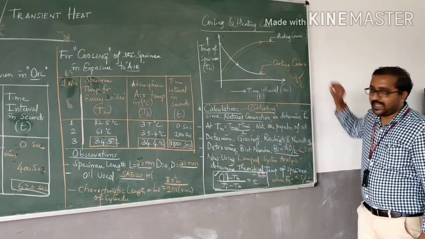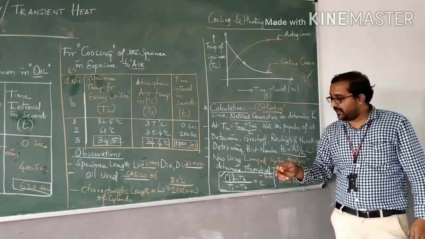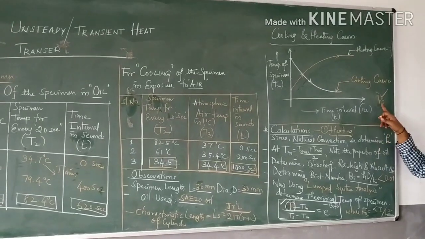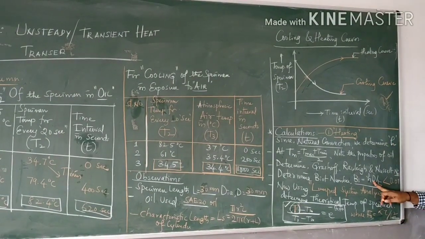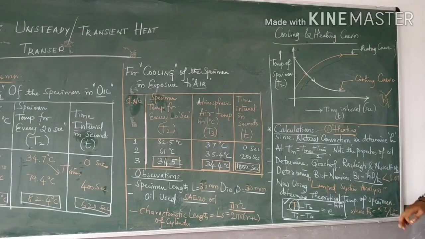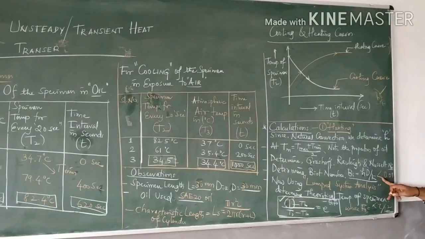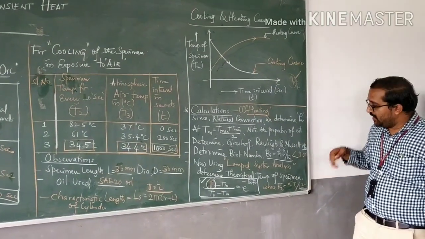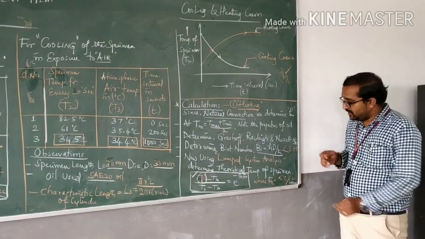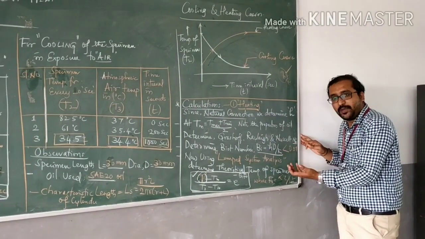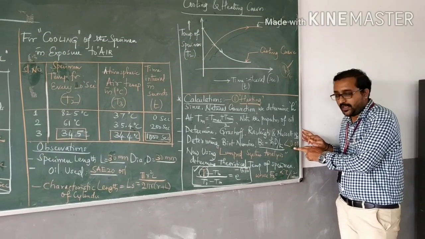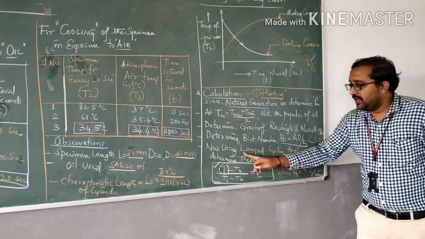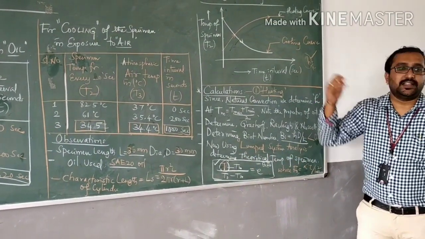Once h is calculated, we continue by calculating a new term called the Biot number. Knowing the value of h, the diameter of the specimen and the thermal conductivity, we use the formula for the Biot number and calculate it. Depending on its value, suppose the Biot number obtained is less than 0.01, based on this we are going to use lumped system analysis for the transient heat transfer.